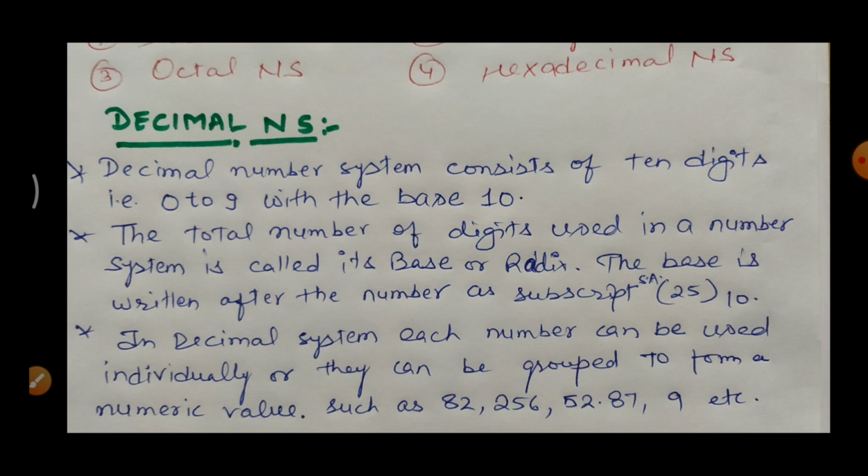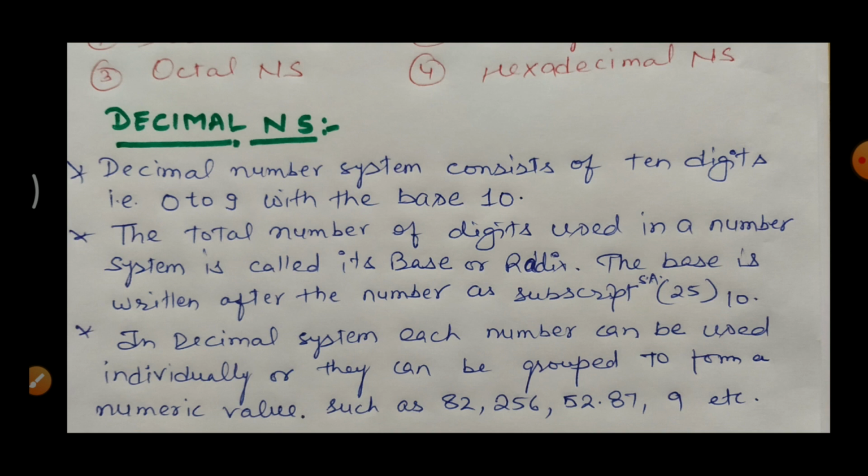Okay, so we can see one term is there, that is base. So what is base? Base is the total number of digits used in a number system. Okay, I have already mentioned that the decimal number system consists of 10 digits from 0 to 9, meaning a range is fixed there.